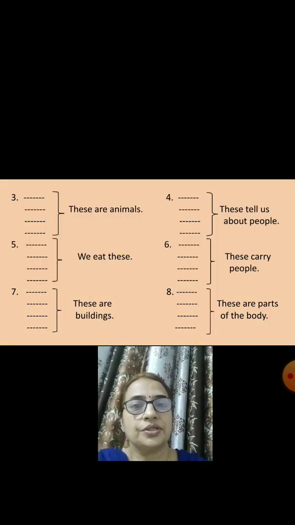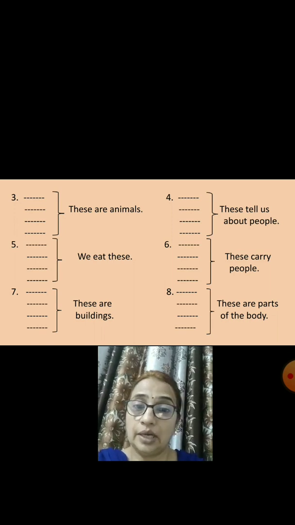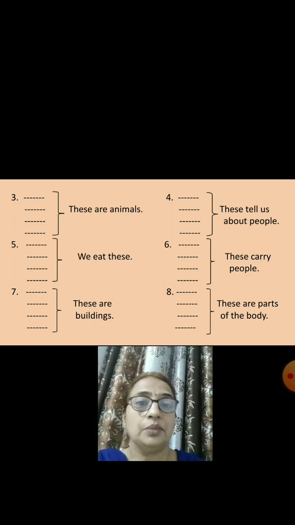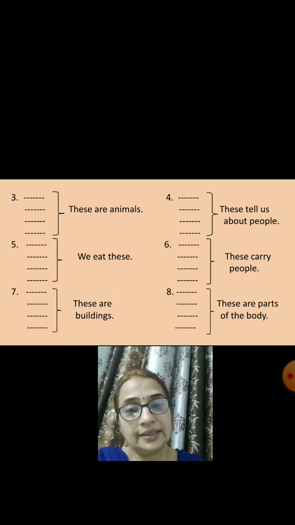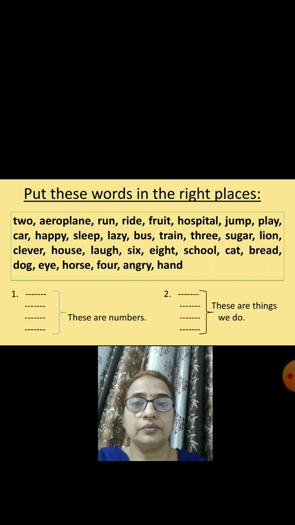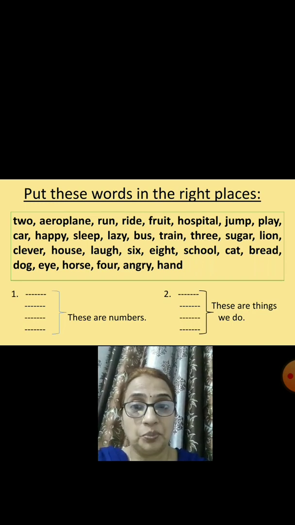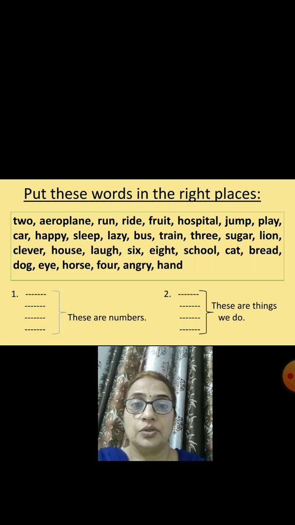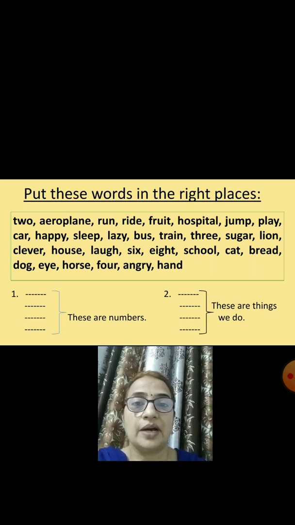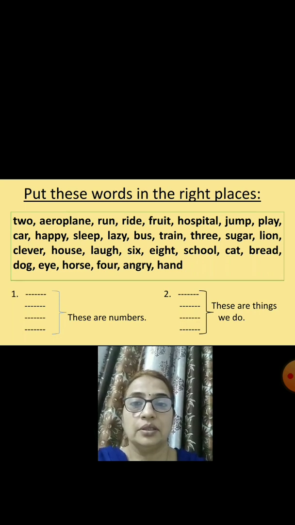Fourth question, these tell us about people. Now things which tell us about people, what type of people they are. Let us see the list again. They describe the people. So in the first line, come on, read the words fast. No, there is no such word.